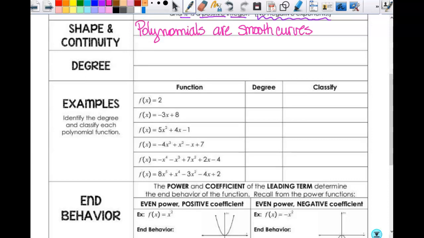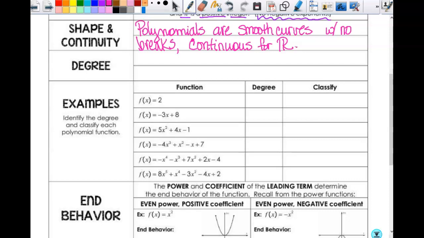So polynomials are smooth curves with no breaks. That means that there's no discontinuity. So they are continuous for all real numbers. Your domain for a polynomial is going to be negative infinity to infinity every time, and they're continuous.